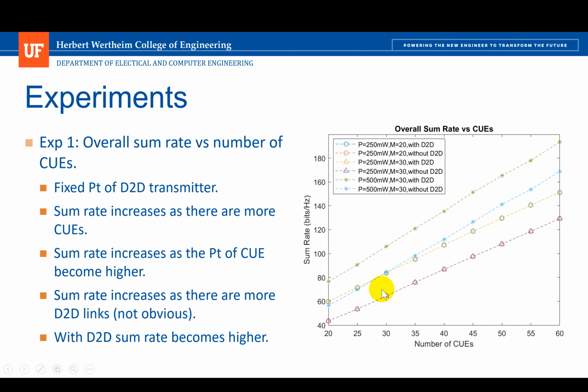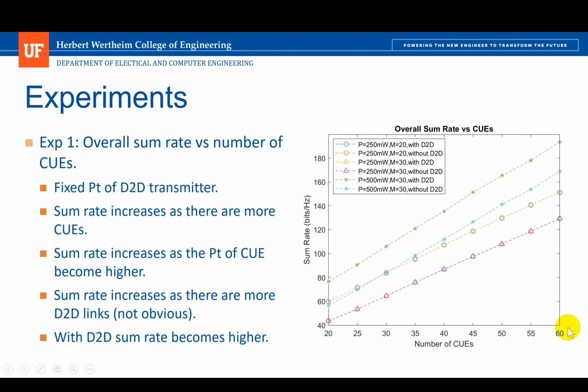In my experiment, I did two sets of experiments. The first one is the overall sum rate versus the number of cellular users. I have fixed the transmission power of the transmitter. We can see that the sum rate increases as the number of cellular users increases.